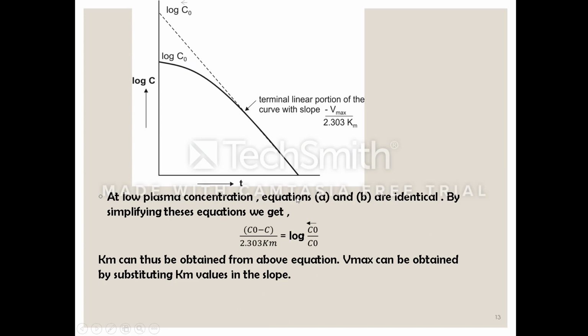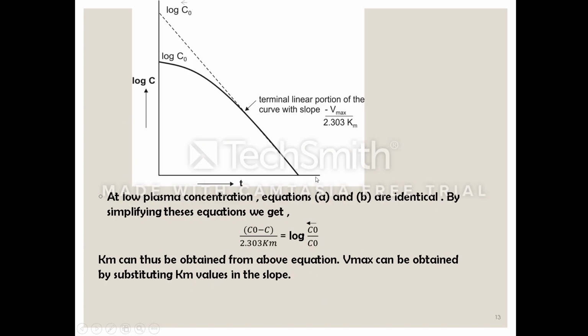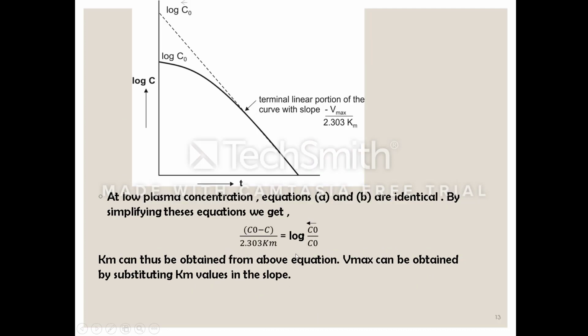At low plasma concentrations, equations A and B are identical; you can see from the curve that they are superimposable. By simplifying, these equations become equal to each other, and from the resulting equation you can easily calculate Km.